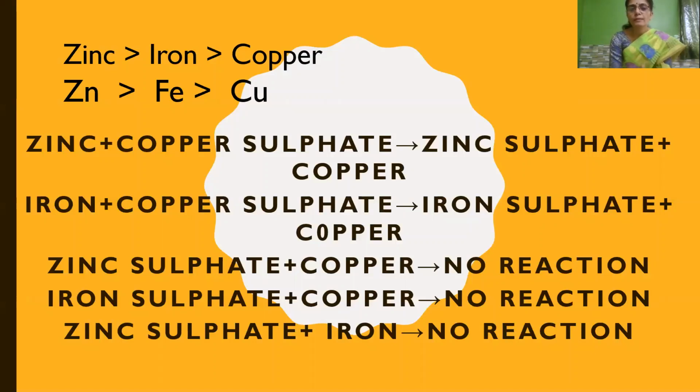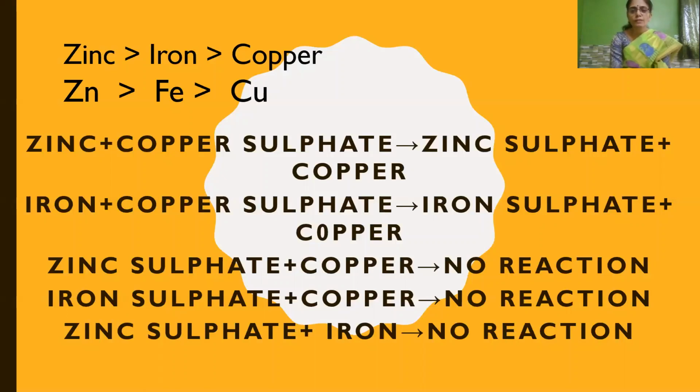Zinc is more reactive than iron, and iron is more reactive than copper. Copper is less reactive than both zinc and iron. So this you have to keep in mind: zinc, iron, copper. Let us revise some examples of how the question will come in your online exam.